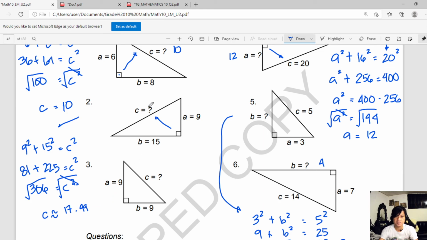So the measure of C here is approximately equal to 17.49. We use the words approximately equal to because it is not exactly equal, since we rounded off, and because it is not a perfect square. So we will use the approximately sign. So, 17.49.